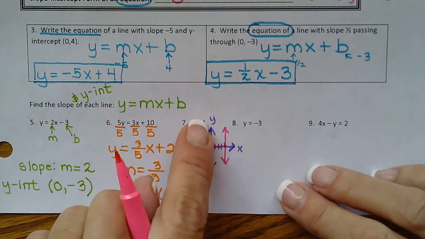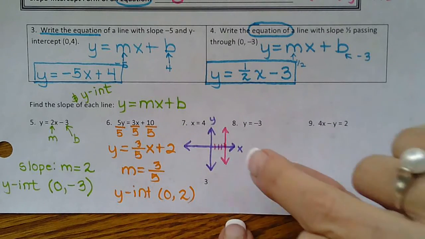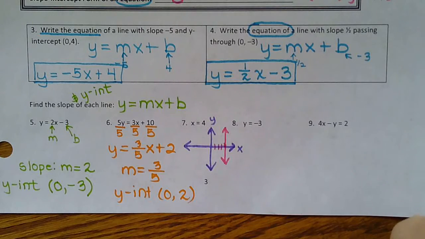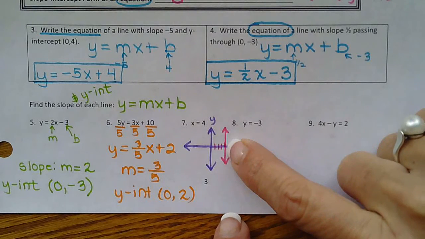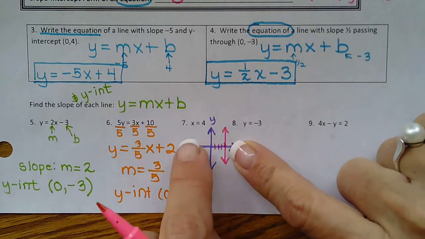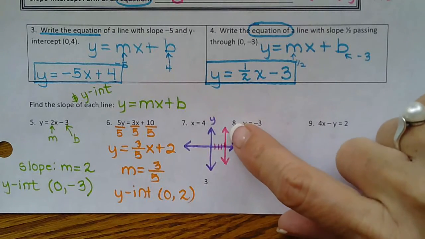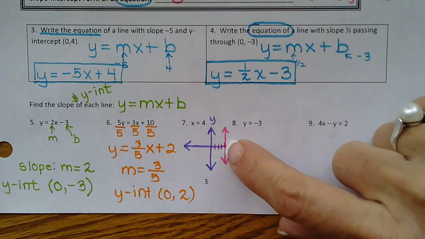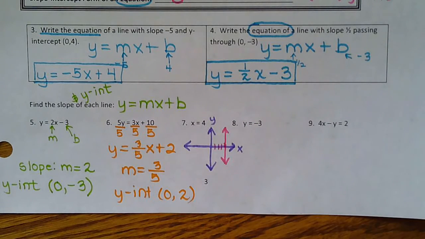So notice it never touches the y-axis. It passes through the x-axis at 4. And make sure you don't draw a dot on that. It's not a point. If it was a point, I'd call it 4, 0. X equals 4 is the equation of a line. So it's a line through 4 on the x-axis.